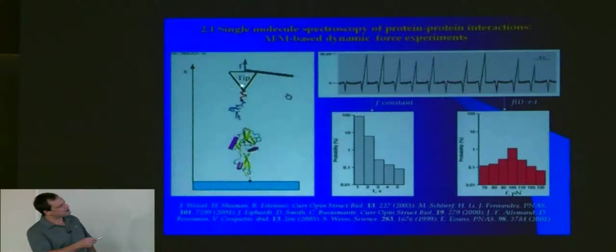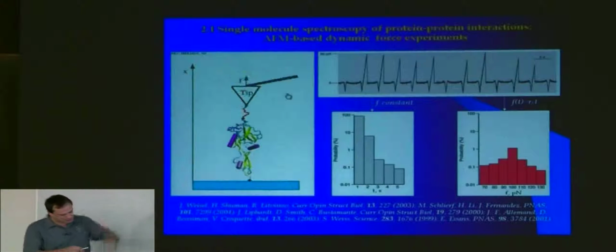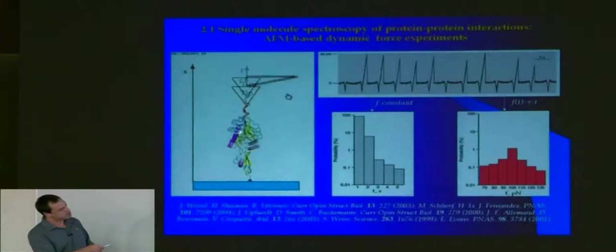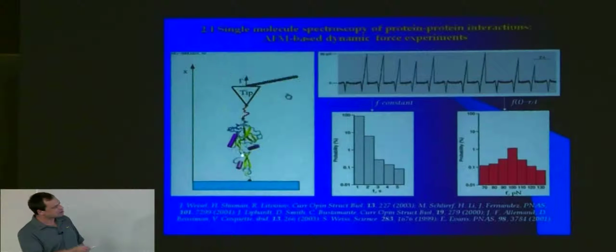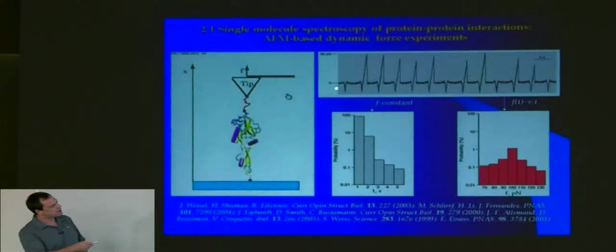Then the cantilever tip brings the ligand close to the receptor to allow for bond formation, and some of the time this event is not happening, right? So this is nothing. You brought it to contact, you made a contact, but they did not interact, so there is no force signal.